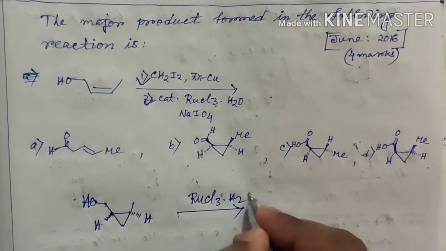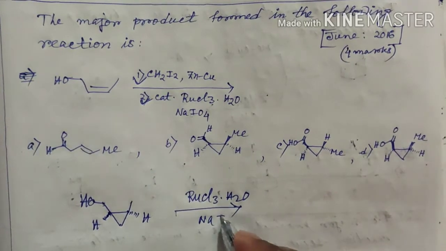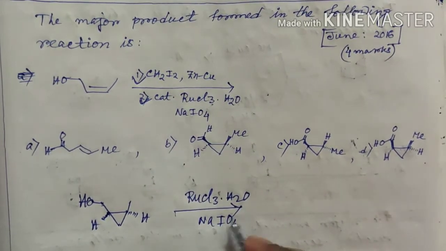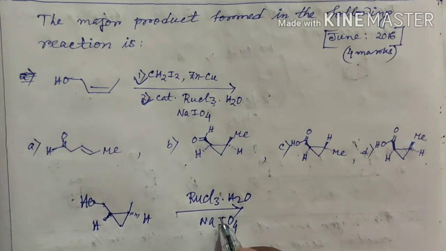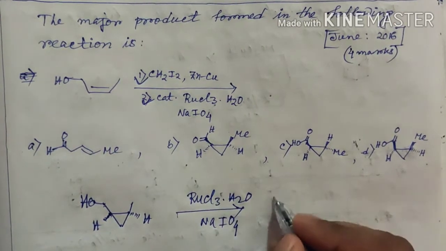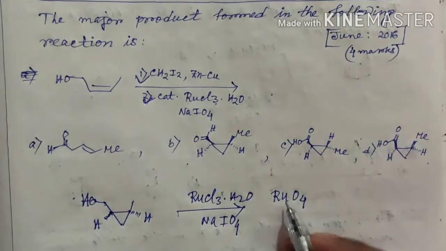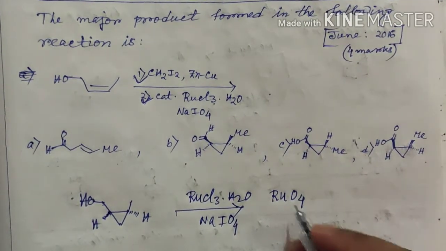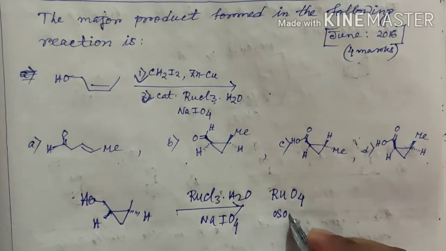and water, and along with this there is a co-oxidant, sodium periodate. In the presence of sodium periodate, ruthenium chloride will be oxidized to RuO4, the ruthenium tetroxide species, which is similar to other species like osmium tetroxide.